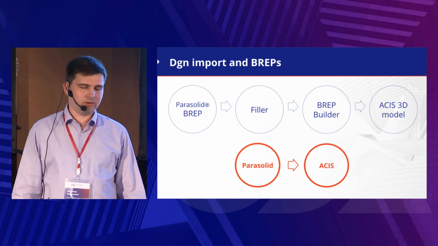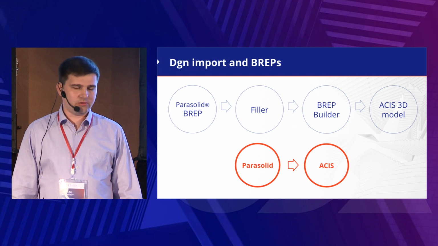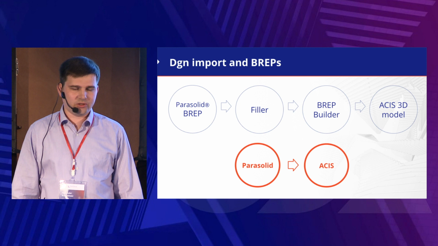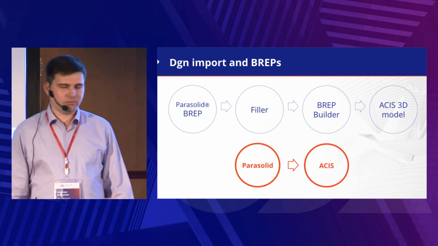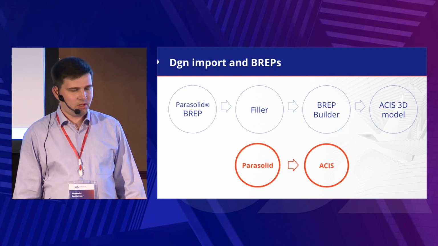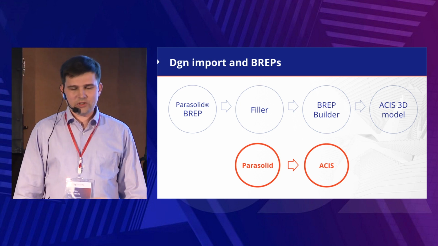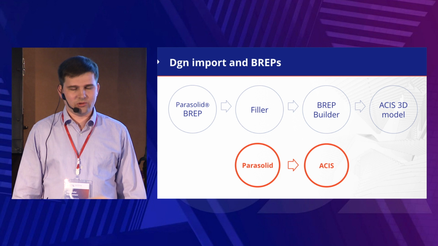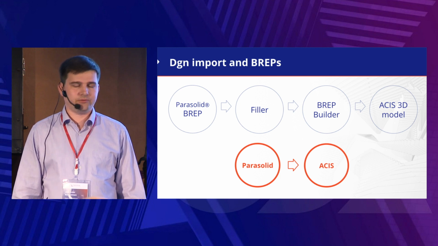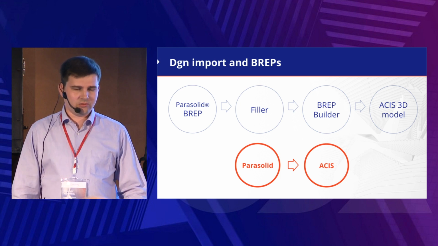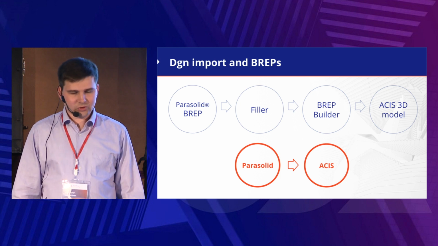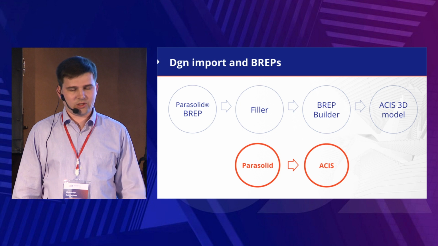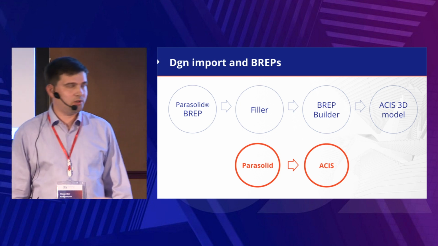So if we have a 3D model based on a Parasolid stream, we can ask the BREP interface of this entity. After that, we can use the pair of filler and BREP builder, and create an ACIS-based 3D model in, for example, DWG format. This is how DGN import works. So in fact, this is Parasolid to ACIS conversion for ODA needs.